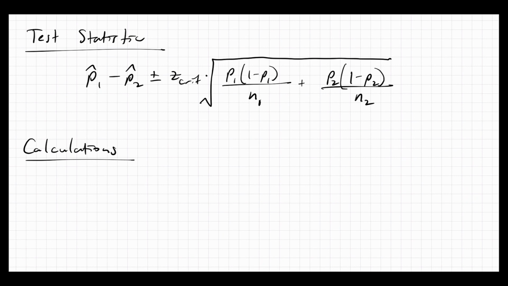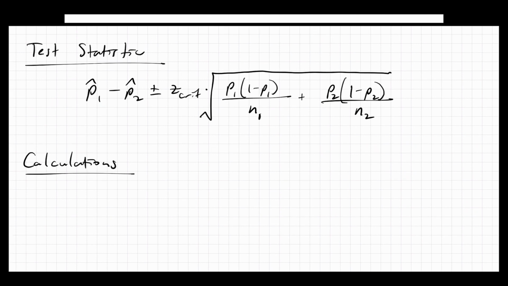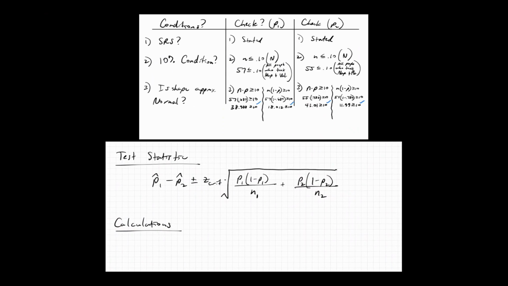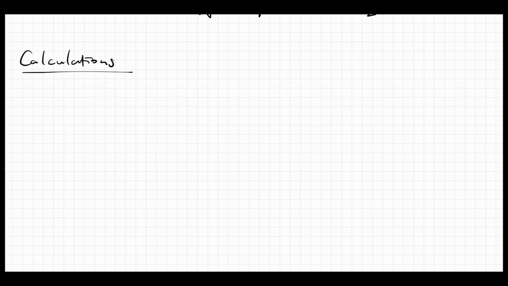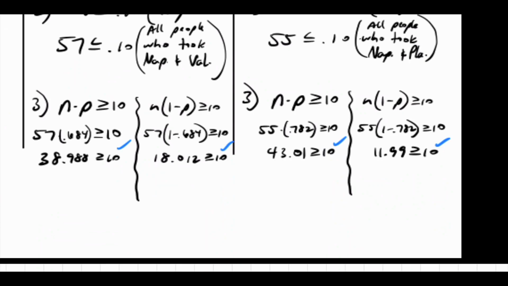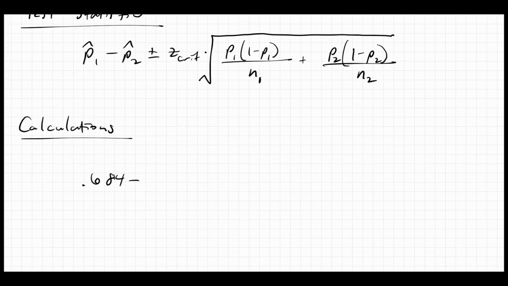Okay. So now for calculations, we're going to plug in. The first sample proportion was 0.684, minus the second sample proportion, which was 0.782, plus or minus Z critical.